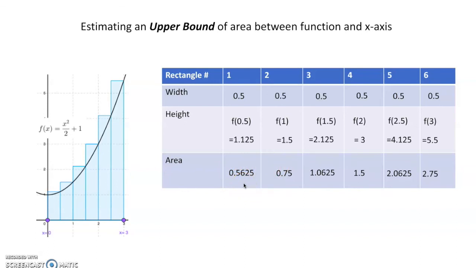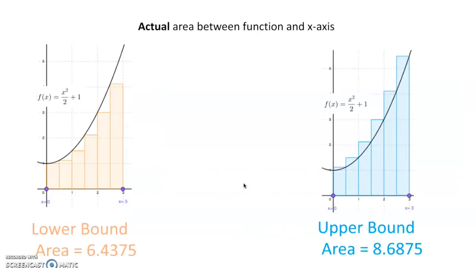They've just been shifted over 1. And if you add all of those up, you end up with a total area of 8.6875 square units. So just to recap, what we've done here is we found a lower bound of 6.4375, and we found an upper bound of 8.6875. So we know that the area is somewhere between those two.